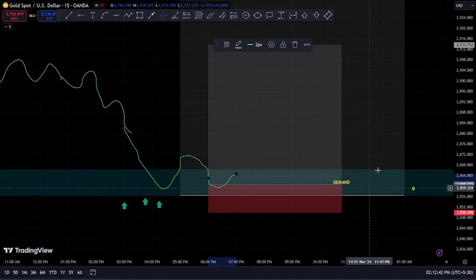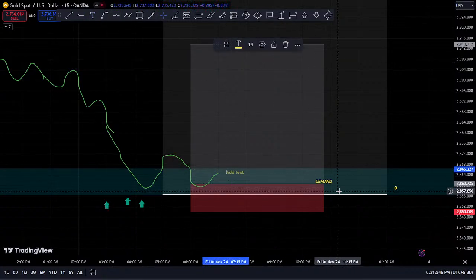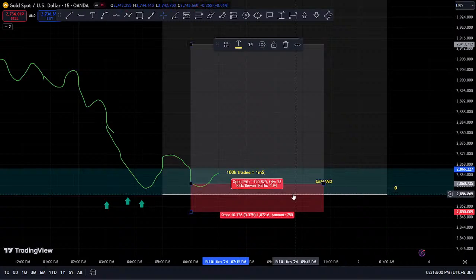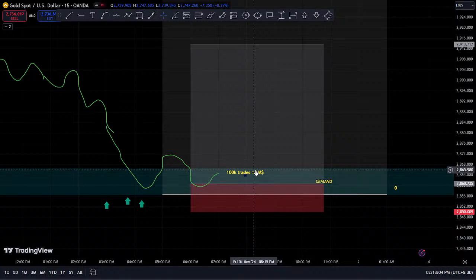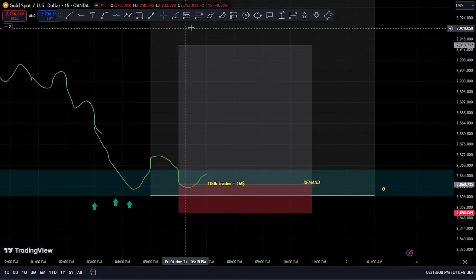Let's imagine there are 100k trades executing right here. Let's say $1 million worth of gold is bought here by different people. So a total of 100k trades have been executed.